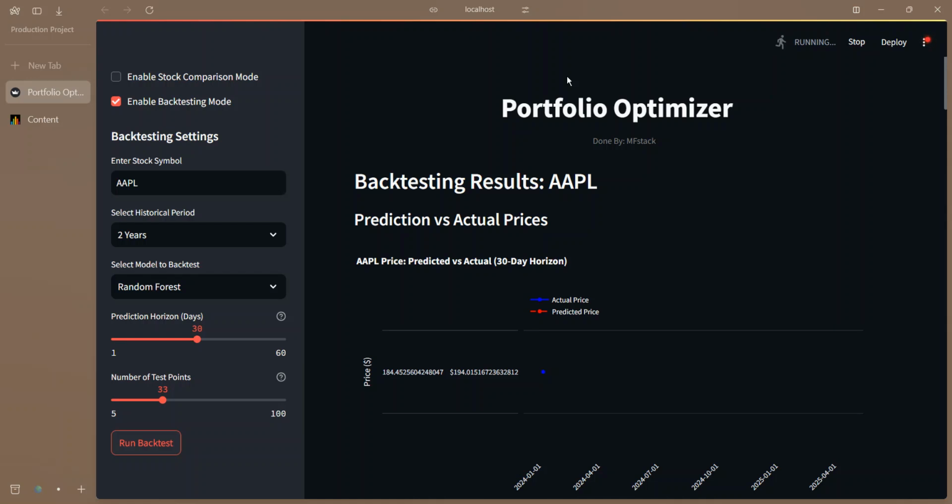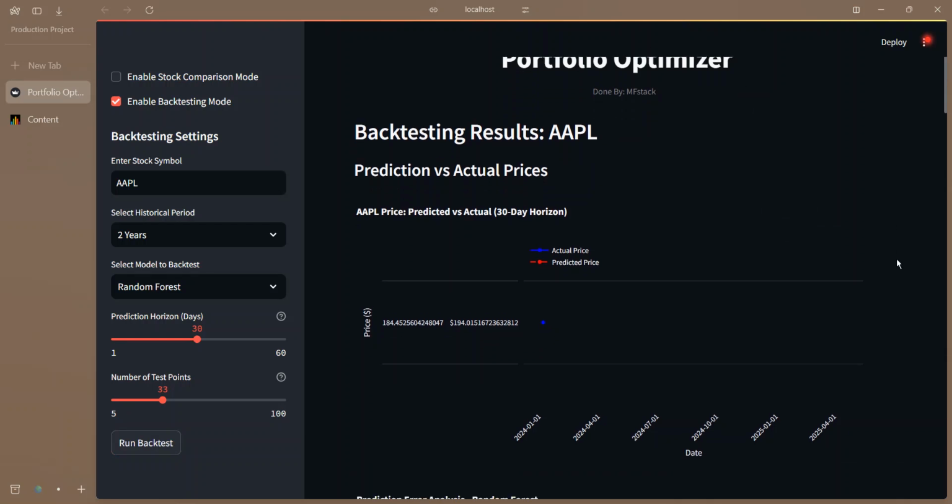Over here, the first price point, it would give you the predicted price versus the actual price. Obviously, it would give you a past date because it's backtesting.